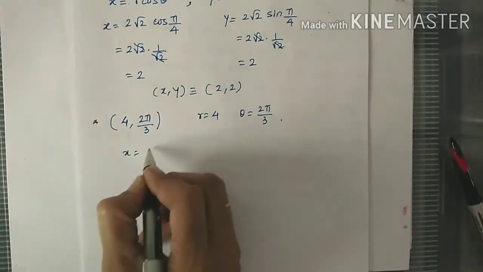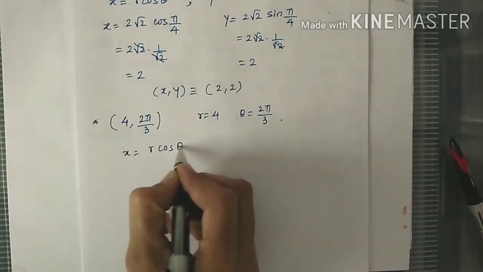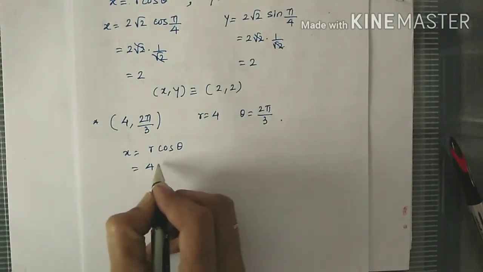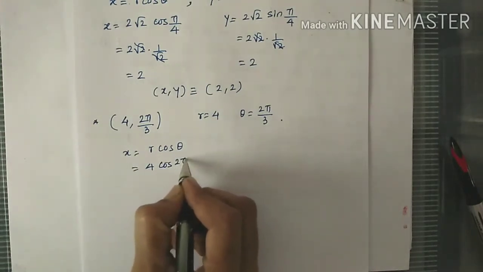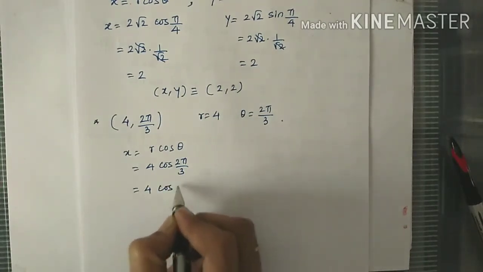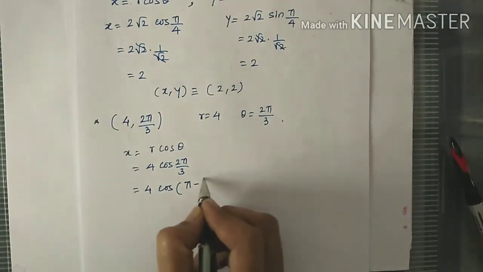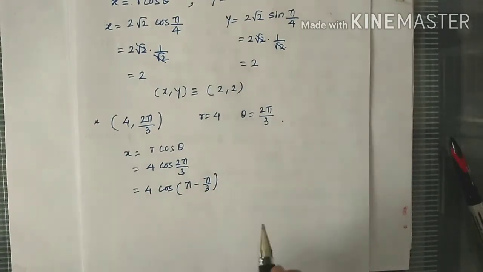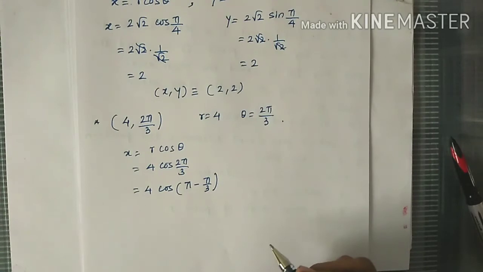So x is equal to r cos theta, 4 cos of 2 pi by 3. So 4 cos of pi minus pi by 3. 2 pi by 3 is 2 into 60, that is 120 degrees. So that is pi minus pi by 3.